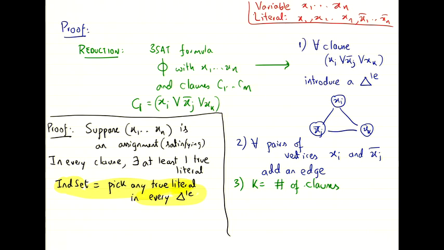The other direction is what we need to prove too. What do we need to prove? We need to prove the following. Actually, maybe I'll use a new page. It's running out of space here.